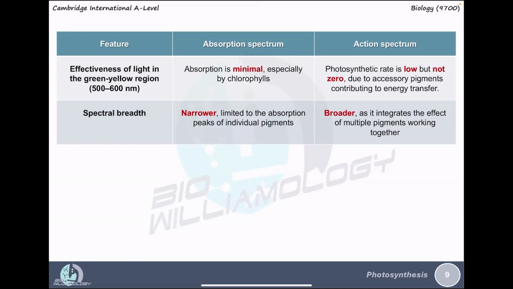So for example, if you go back to the action spectrum and absorption spectrum, you can see the contribution of the absorption spectra to the action spectrum. There is a combination of different types of pigment working together to give the final effect on photosynthesis, which is translated to the action spectrum.